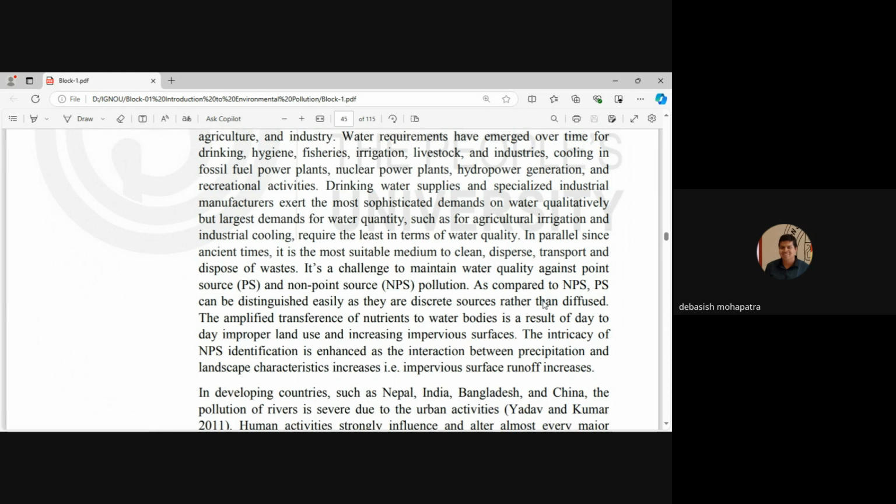as they are discrete sources rather than diffuse. So the transport of nutrients to water bodies is a result of day to day improper land use.